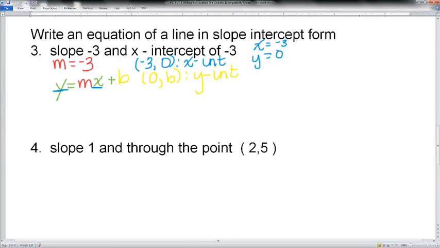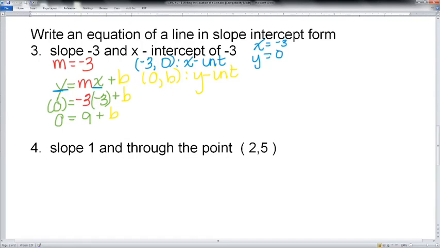Let me show you. So I have y, which is 0, is equal to my slope, which is -3, times my x-coordinate. Well, my x-coordinate is also -3, and I don't know what my b is. That's what I'm going to solve for. So I have 0 is equal to -3 times -3, which is +9, plus my b.